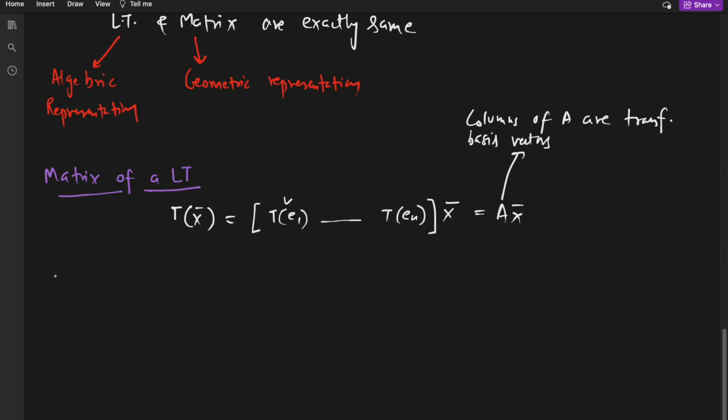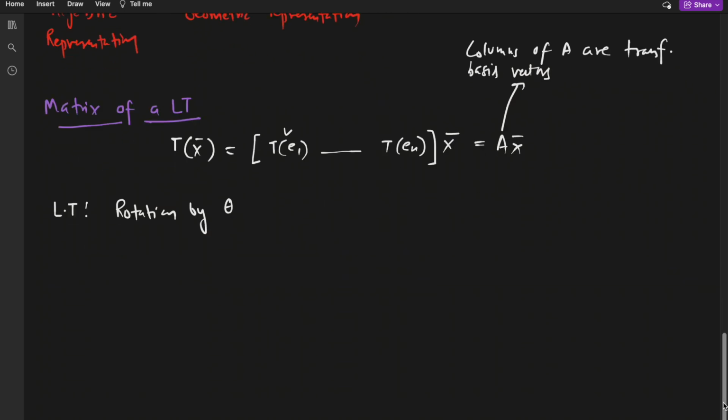So for example, let us suppose we have a linear transformation, rotation, let's say by theta, right? And I already explained why rotation is a linear transformation. If you are not sure why it is, then go and watch my previous lecture.